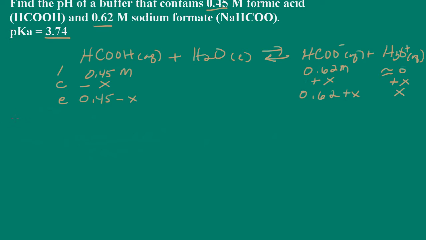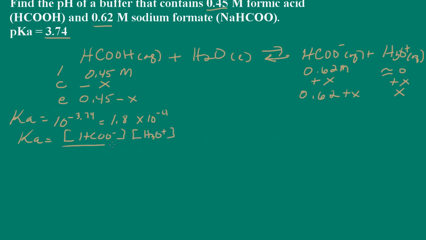So let's go ahead and determine Ka, and Ka is going to be equal to 10 to the negative 3.74, and that gives us 1.8 times 10 to the negative 4. And of course, our expression for Ka is the concentration of formate ion times the hydronium ion concentration, all divided by the concentration of formic acid at equilibrium.